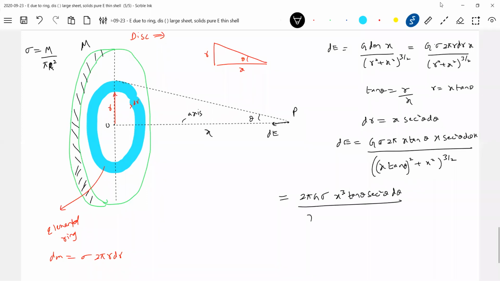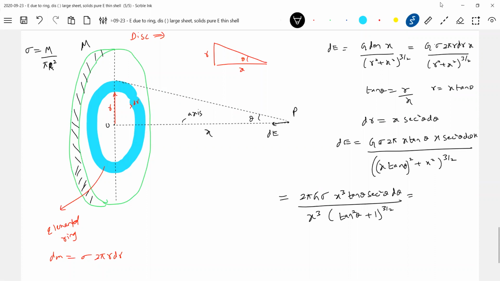Here x cube will come from the bracket outside. So tan square, and x cube gets cancelled. 1 plus tan square theta, secant square theta, and everything.